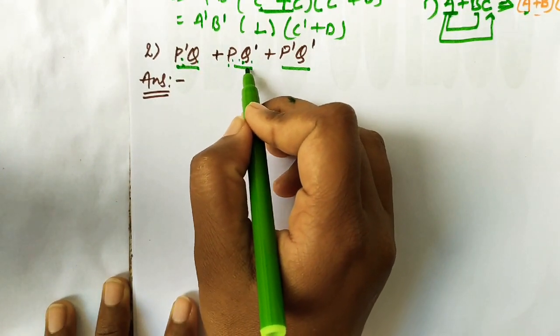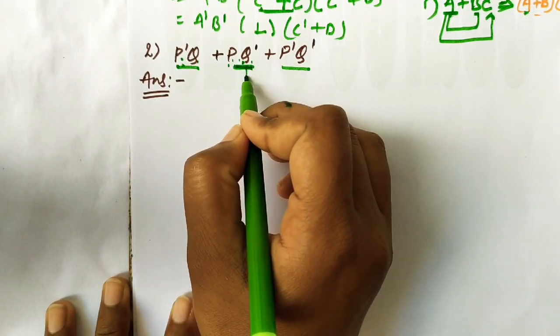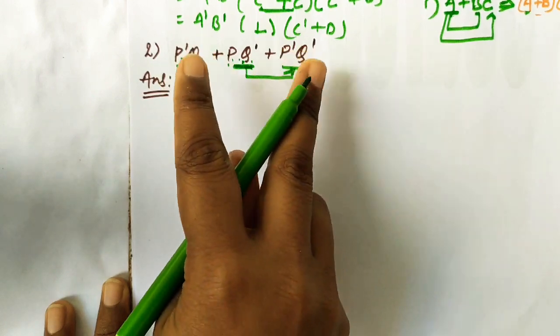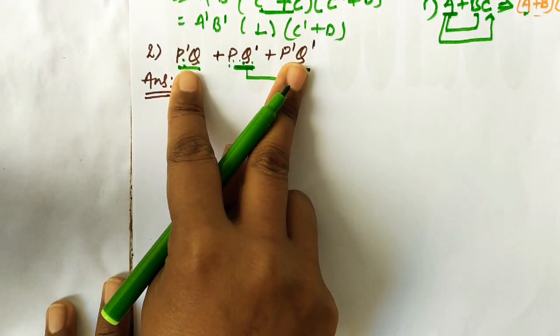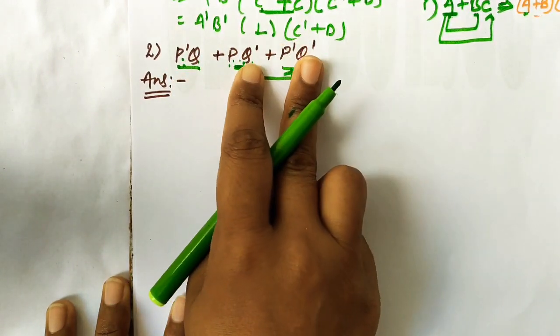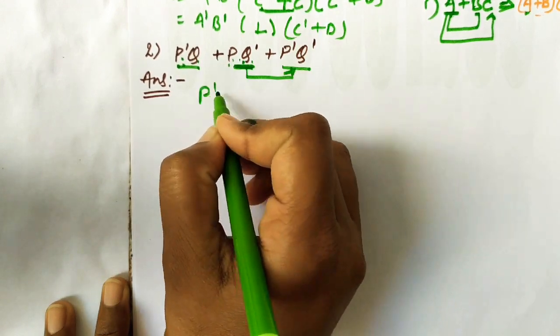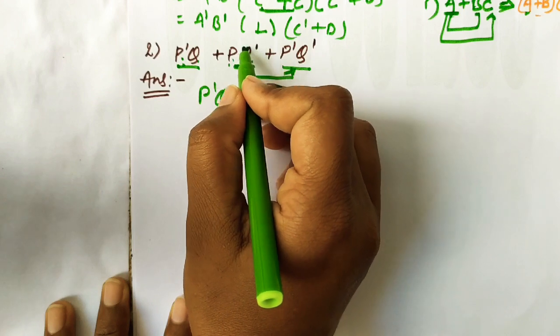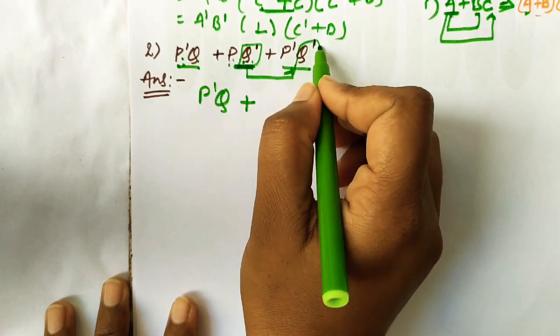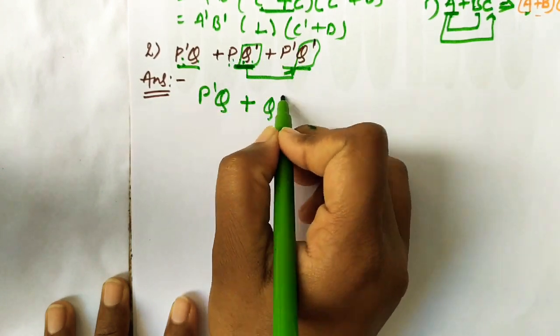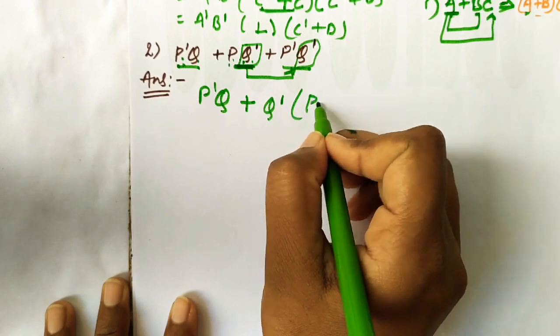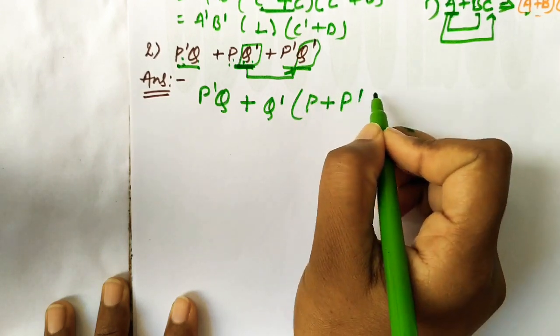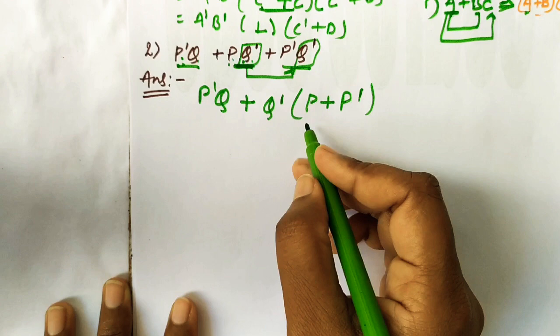So we can take a common value from this and this. Now I am taking the common value from these two terms. In this question q dash is common in both terms. So I am writing q dash, and this is p and p dash.